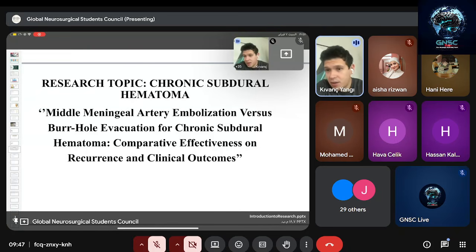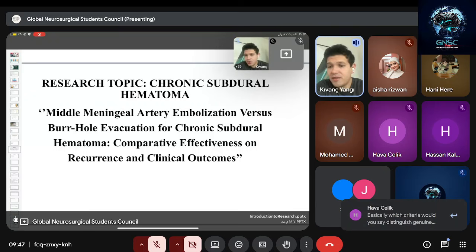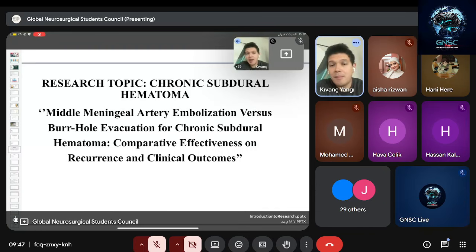And what happened a couple of years ago, MMA embolization has been shown to be effective in chronic subdural hematoma management. Okay, so this was something very novel. We were surprised because, as you all know, chronic subdural hematomas were thought to originate from the rupture of bridging veins. We thought it was venous bleeding, but it's been shown that the middle meningeal artery can be the reason, or at least one of the reasons, in some chronic subdural hematomas.